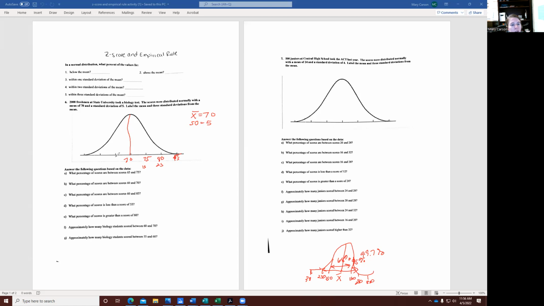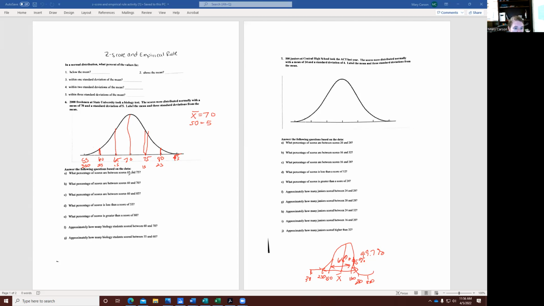Going this way, that's 65, 1 standard deviation, 60 is 2, and 55 is 3. If you fall between 65 and 75, that's 68%. Between 60 and 80, that's 95%. And between 55 and 85, that's 99.7%.